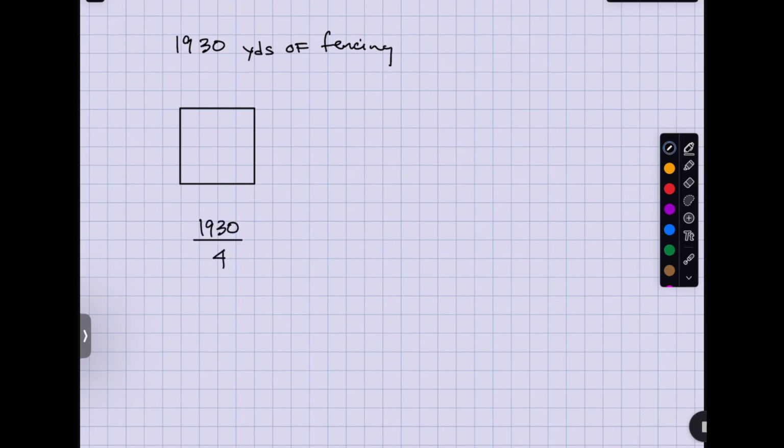Since the sides of the square are the same, what'd you get again? 482.5. Okay. So you're telling me that this side would be that and this side would be that. So what would be the area of this square?